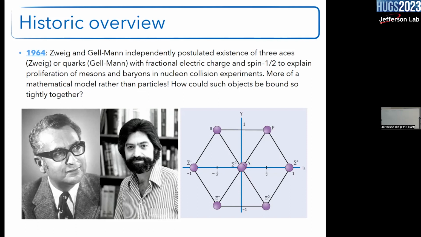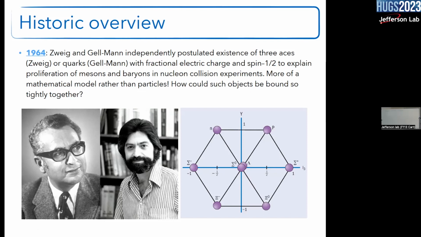And spin 1/2, to explain another thing, which was the proliferation of mesons and baryons that were observed at colliders. Everybody was happy with proton and neutron being the elementary particles, and then suddenly they saw lots of heavier cousins of proton and neutron, tens of those. So they thought, we cannot have a theory that is so complicated. Somehow the truth must be simple.